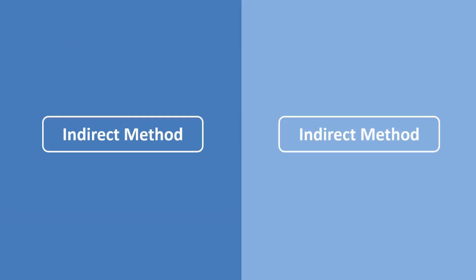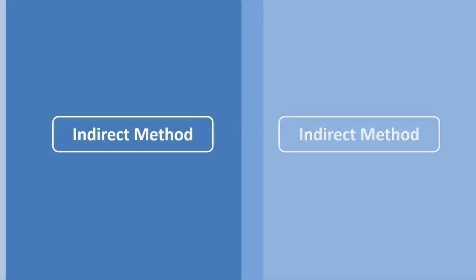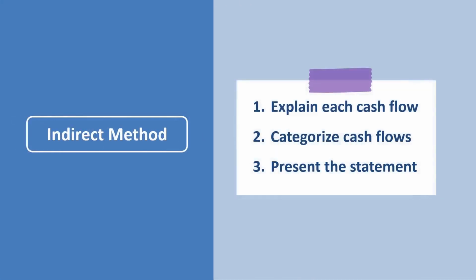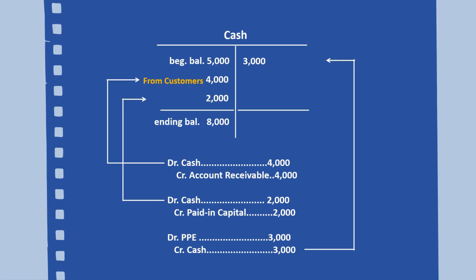There are 2 main ways to create a statement of cash flows, and one of them is called the direct method. Let me walk you through how it works. First, whenever we post a transaction in the cash account, we need to specify why the cash moves. For instance, is it money received from a customer? Have we paid for a new piece of equipment? Or the owners invested more?